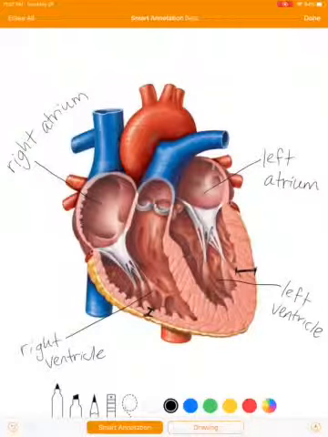Okay. Now we have two septums that separate the atriums and the ventricles from one another. So you can't really see the septum that's separating the right and left atrium, but we do have the interventricular septum showing here.